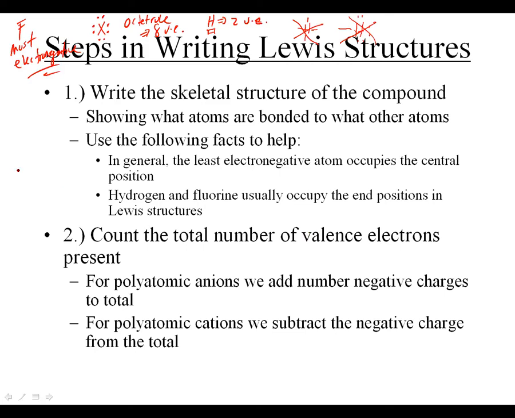Again, a reminder that the number of valence electrons equals the group number: 1, 2, 3, 4, 5, 6, 7, and 8. So that's a way you could do that. And when you're done, that number is really important, because that's exactly how many electrons your picture has to have.